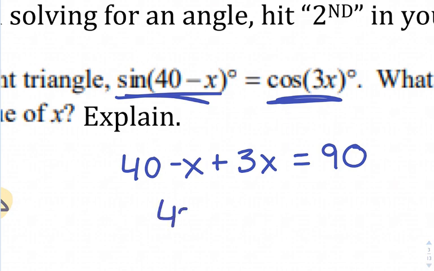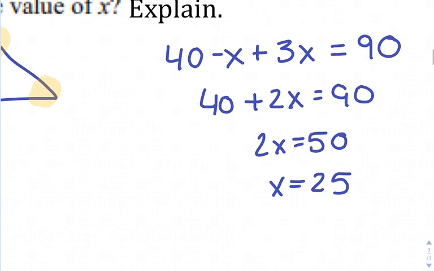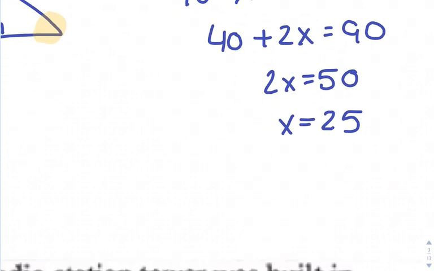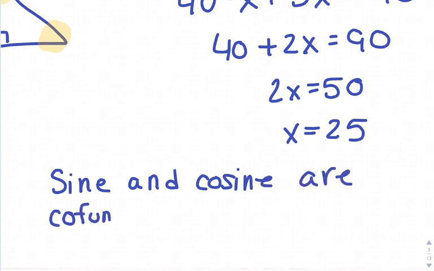Now I'm going to combine like terms. So I get 40 plus 2x equals 90. Subtract 40 over. I would get 50. Divide by 2, and I would get 25. So explain why this is equal to 90. It's because sine and cosine are, now remember this word, cofunctions.